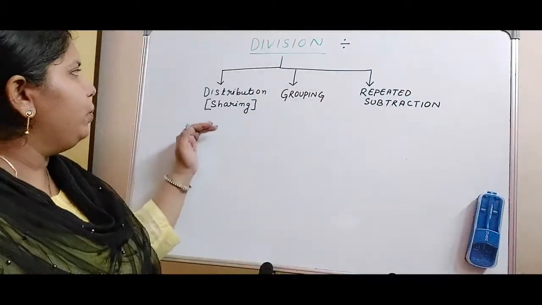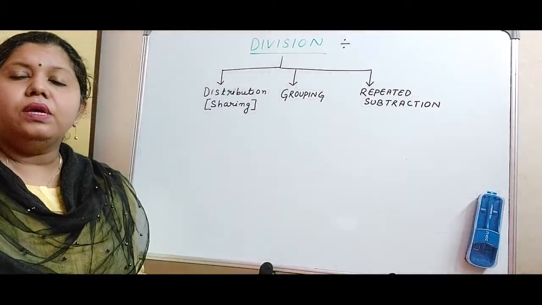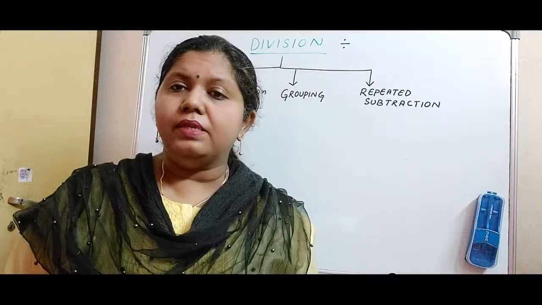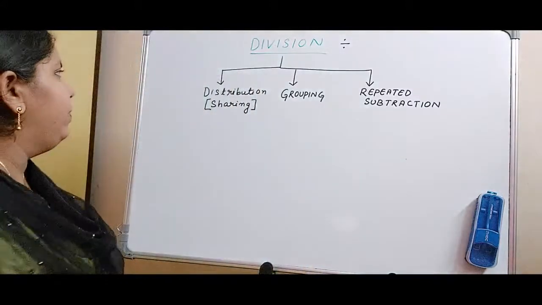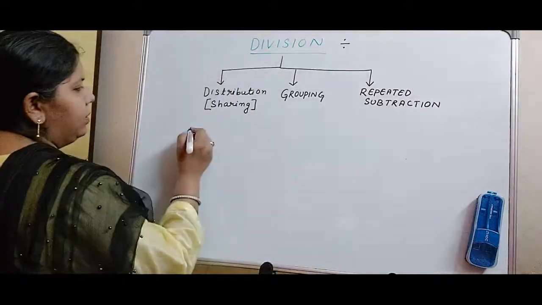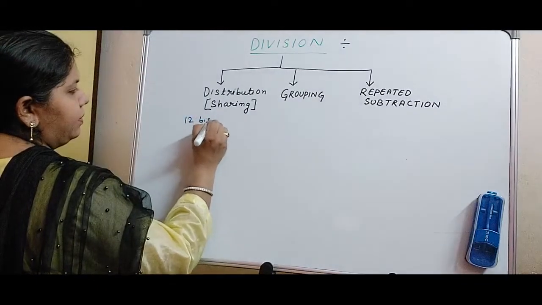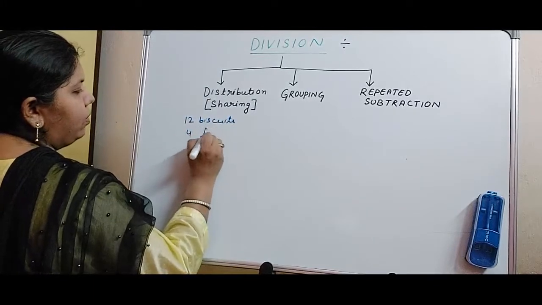First, we are going to read about distribution or sharing. Suppose I ask you to distribute 12 biscuits among 4 friends. So we are sharing. Suppose you have 12 biscuits and you have got 4 friends.